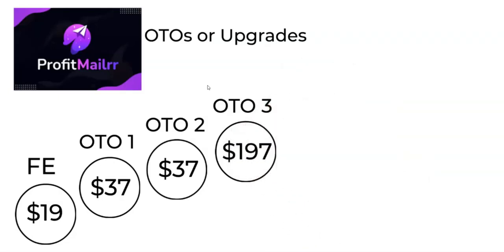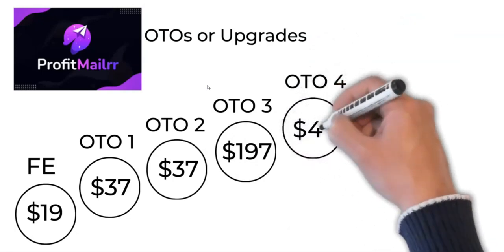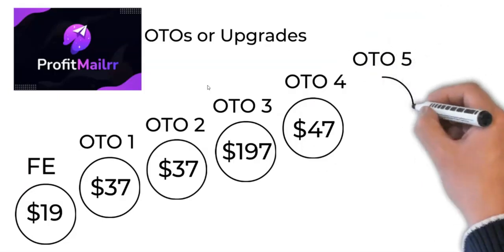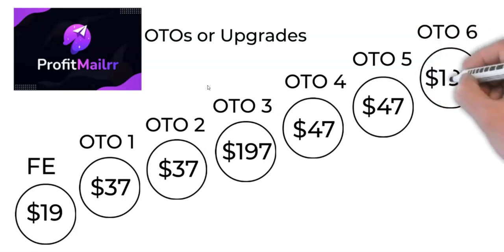And then OTO number 4, again, this is where you can get some top software to sell as your own. That's $47. And then OTO number 5, that's where you can actually resell this software if you want. That's $47. And then OTO number 6, they call this the traffic one. And that's $197. Supposedly they'll give you some traffic.